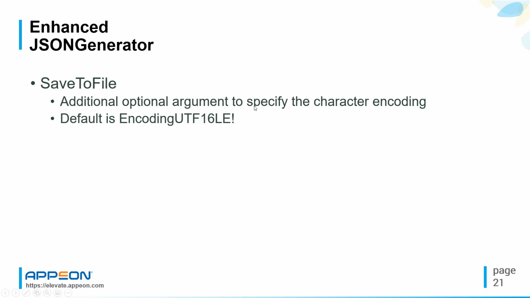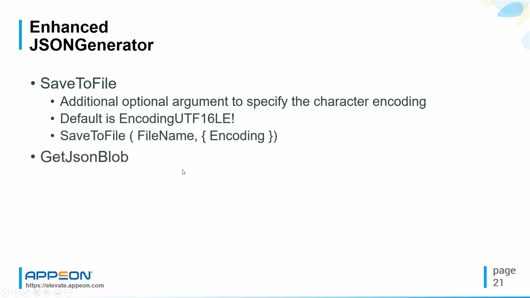It's usually UTF-8. So that's something where you might want to specify UTF-8 when you go to save the JSON. This is an example. So you have save the file name, and then, like I said, the argument is optional. It will just default to UTF-16LE if you don't specify it.